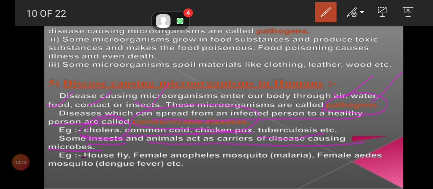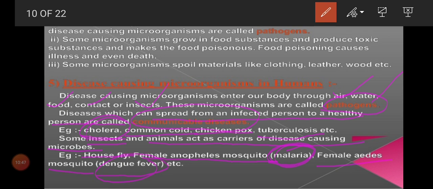For example, the housefly, that will also cause some disease to human beings. And the female Anopheles mosquito, okay, only female, not male. The female Anopheles mosquito will cause a disease called malarial fever. And one more, the female Aedes mosquito, that will cause dengue fever.